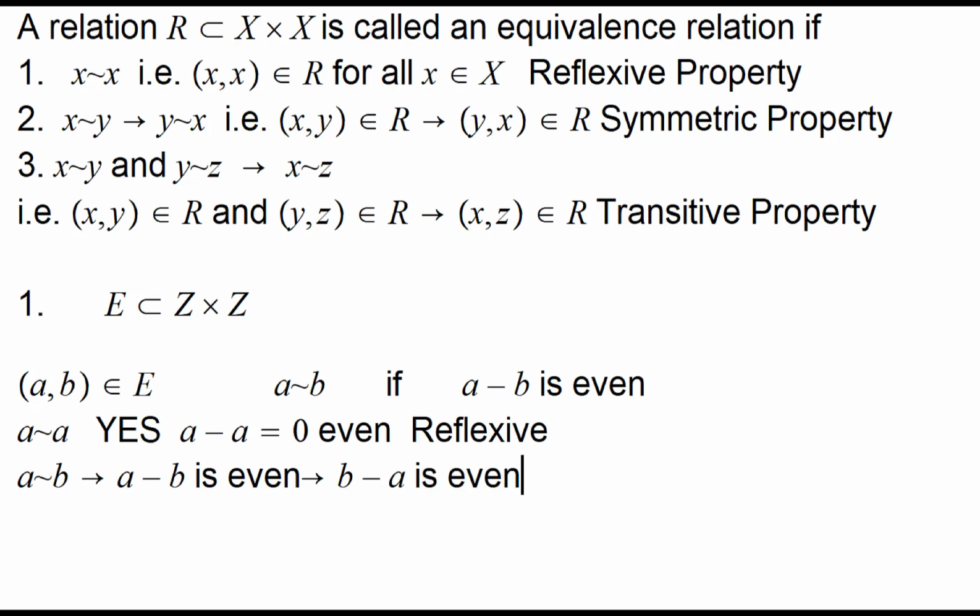So what does that imply? That B is related to A. So what we got here is the verification that this relationship is a symmetric relationship.